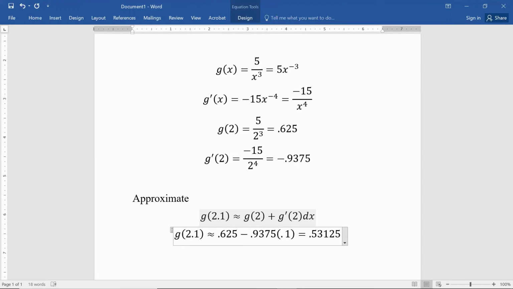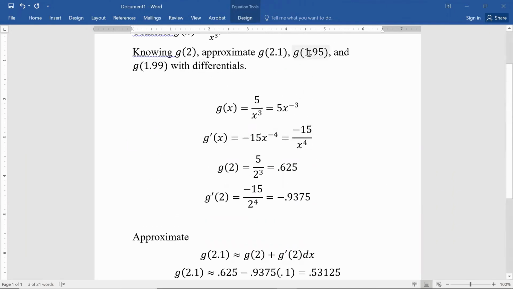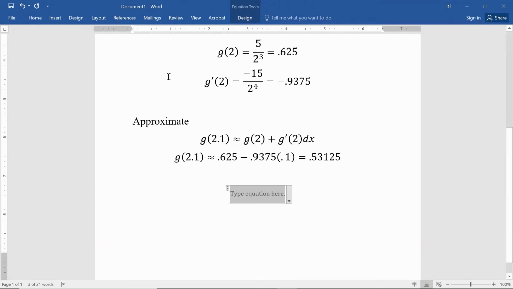Depending on how far Moodle asks you to round it, depends on how you write your answer. But that is the approximation rounded to 5 decimal places. Now, if we want to approximate the other values, like 1.95 and 1.99, we do those in the same way.